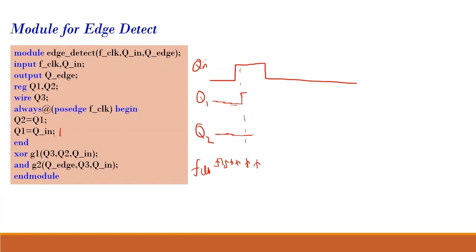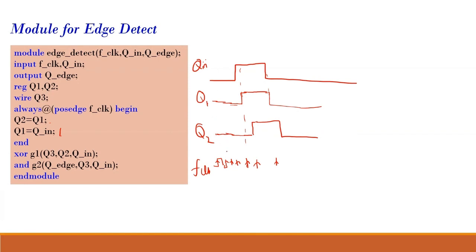Now Q2 will be assigned the value of Q1, so it will go high, and Q1 will take the value of Qn, so it will continue to remain high. It depends on when your clock comes, and then it will turn off. Your Q2 is a delayed version of Q1.